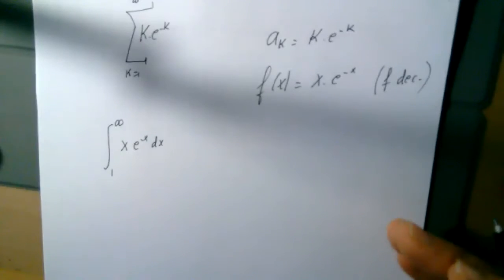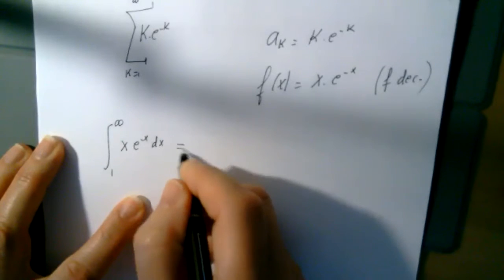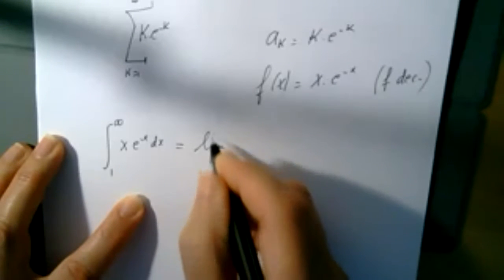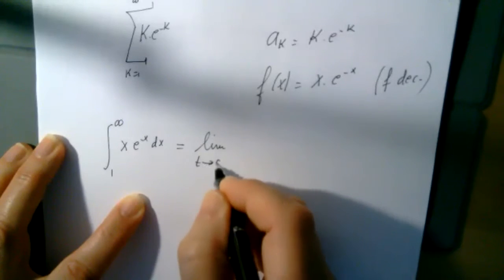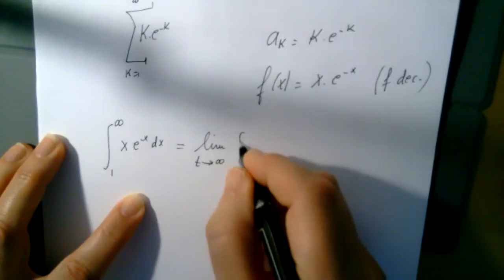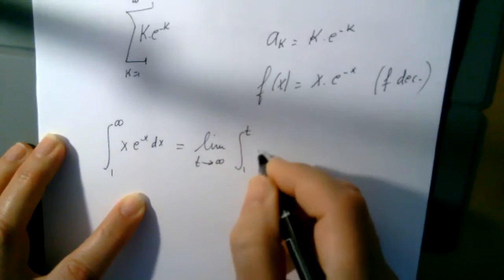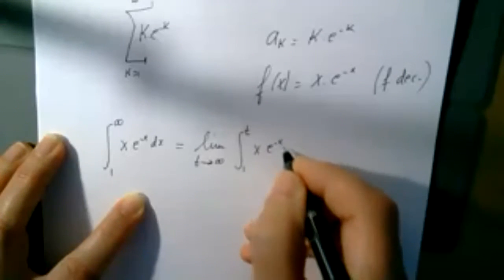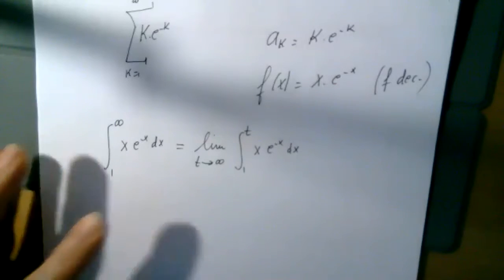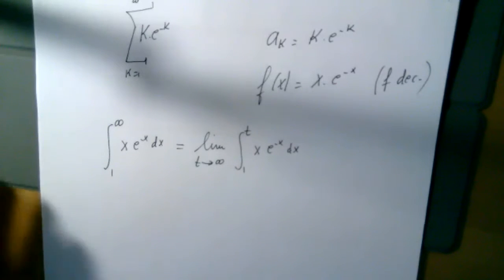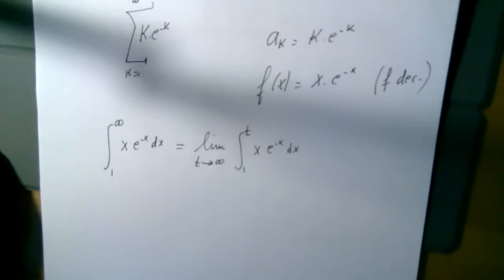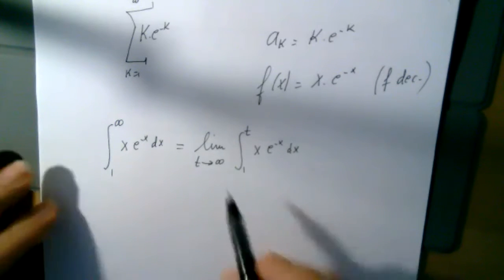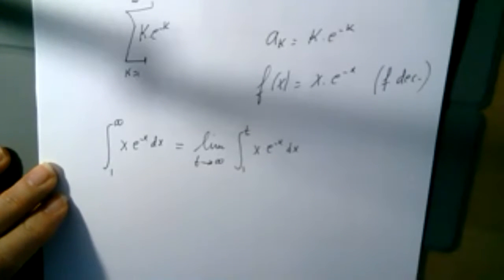So I have to really compute this integral. So this is equal to what? That's the limit as t goes to infinity of the integral from 1 to t of x e to the minus x dx. Right. So now it's really a problem of integration more than anything else. So now I need to find the antiderivative of this function.